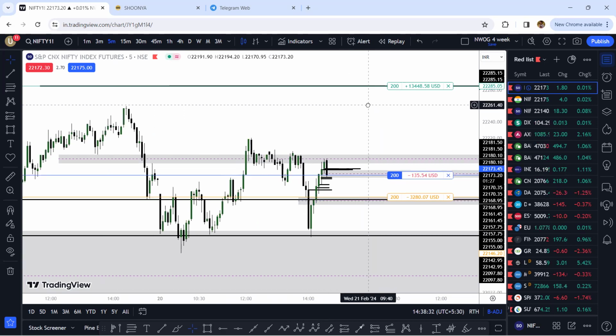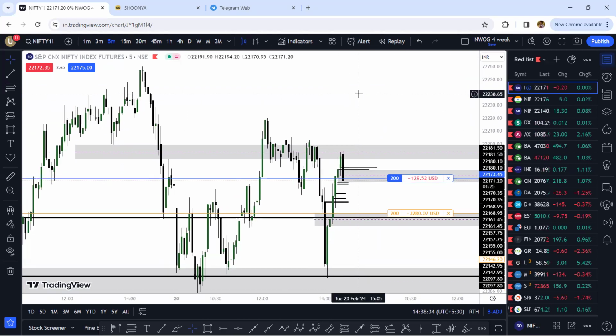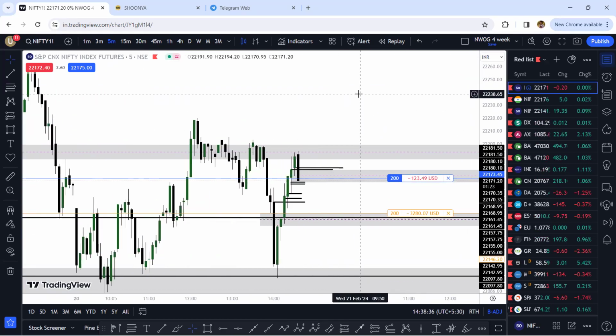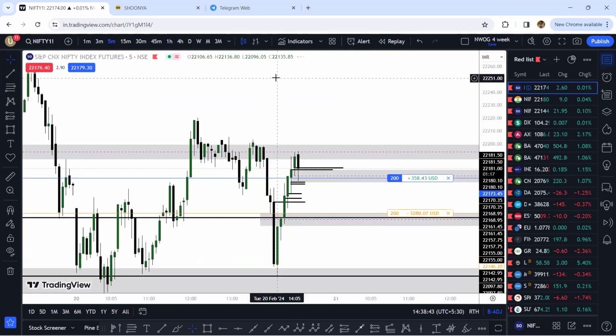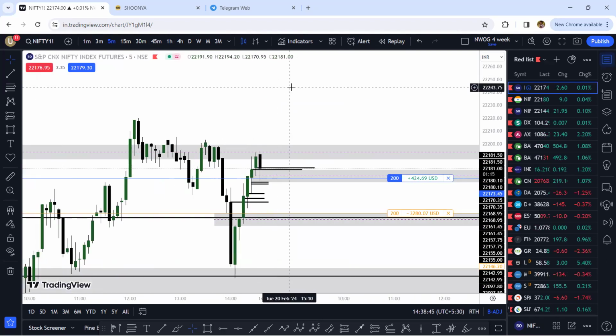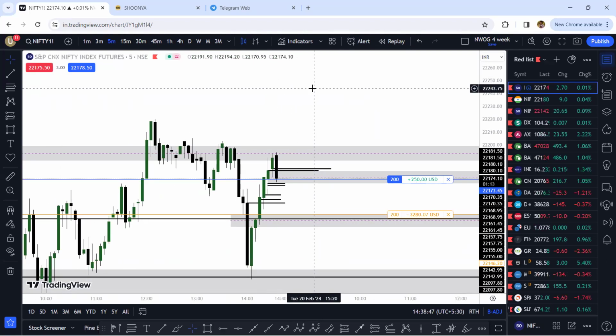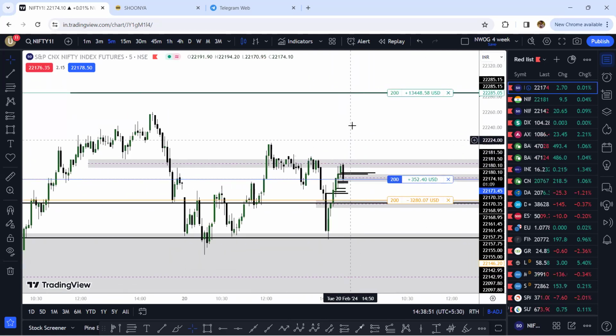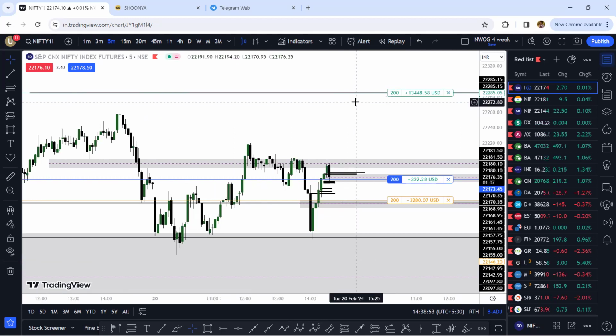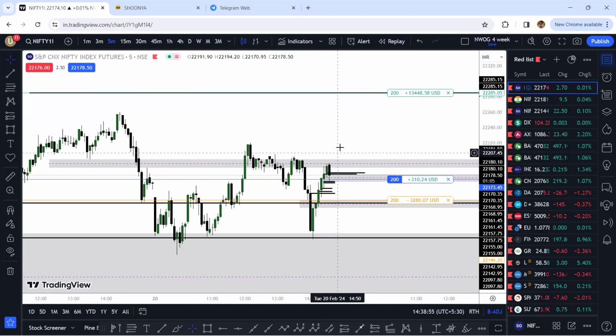Still waiting for some spikes to take place. Something very clean, where no moves are going to come in between that's going to stop this. It's going to be an unstoppable move to the upside.